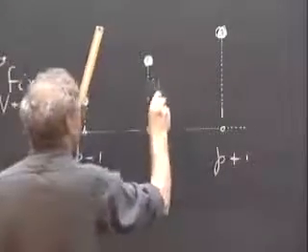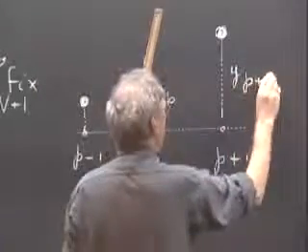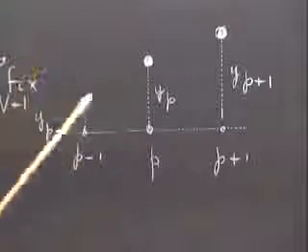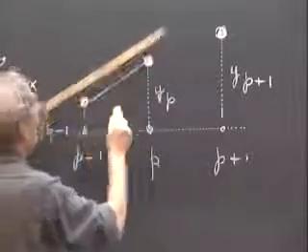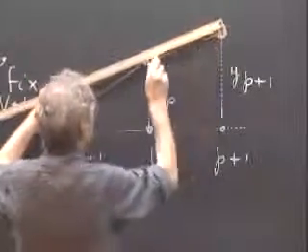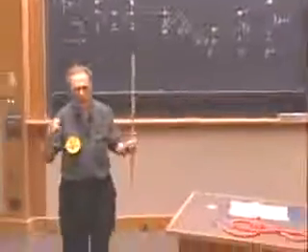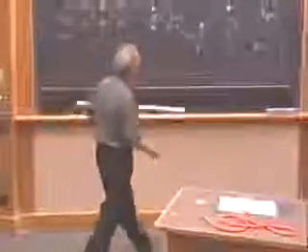So this vertical displacement is y_p, this is y_{p+1}, and this then is y_{p-1}. But the strings are just attached like this. And so the fact that the strings get longer, we will ignore because they're small amplitudes. So the tension will not change.